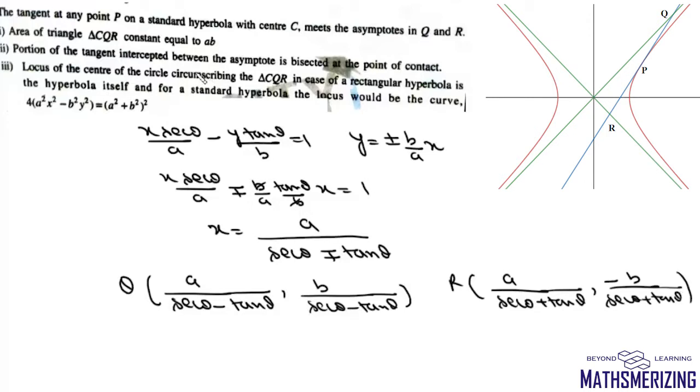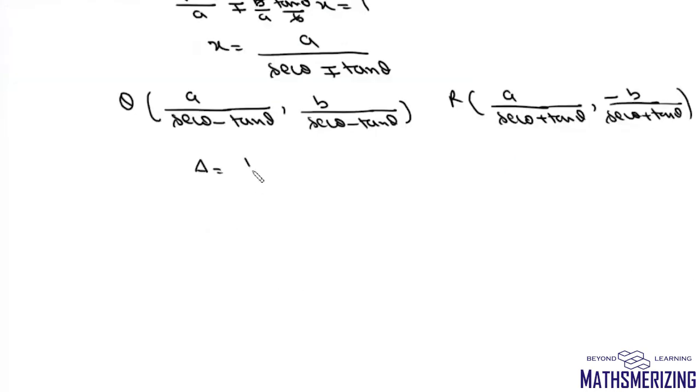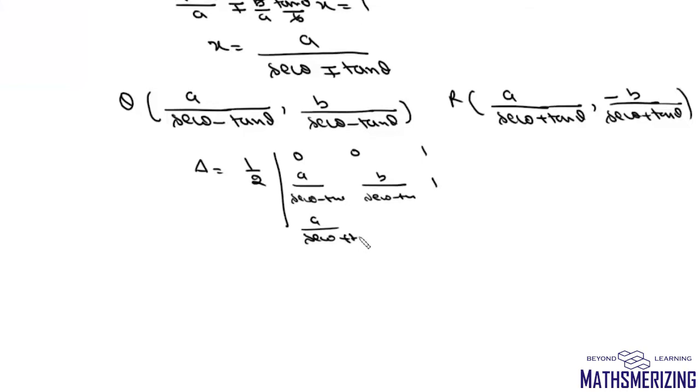Now we need to show that the area of this triangle CQR is constant. It doesn't depend on theta. So the area of this triangle will be 1 by 2 times the determinant with rows 0, 0, 1; A upon secant theta minus tan theta, B upon secant theta minus tan theta, 1; A upon secant theta plus tan theta, minus B upon secant theta plus tan theta, 1.